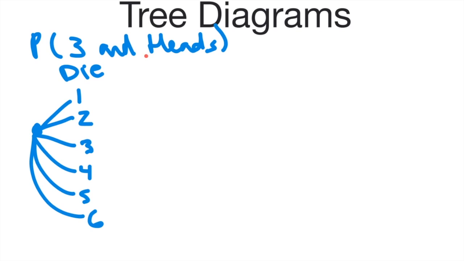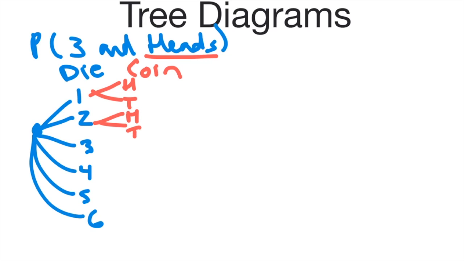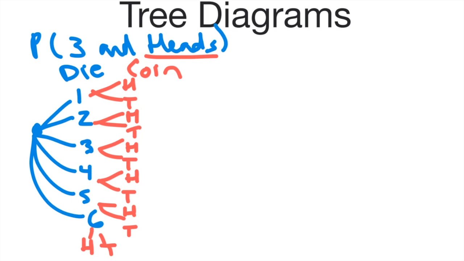Now I need to flip the coin, and those have 2 possibilities. So on the die I could have gotten a 1, and on the coin I could get heads or tails. I could roll a 2, then I flip the coin, I could get heads or tails, and so on. Once you have your tree diagram drawn, you can use it to make a list of all the outcomes.